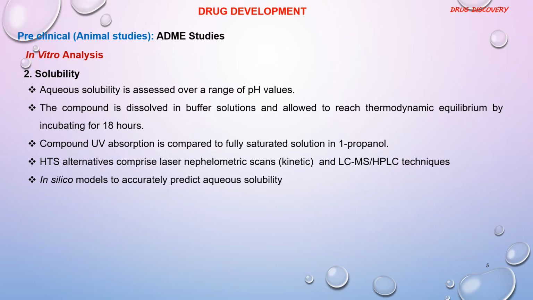The absorption is measured with reference to saturated solution of 1-propanol. Presently, computational methods like in silico model approaches are also used. HTS alternative methods are also used to check solubility.